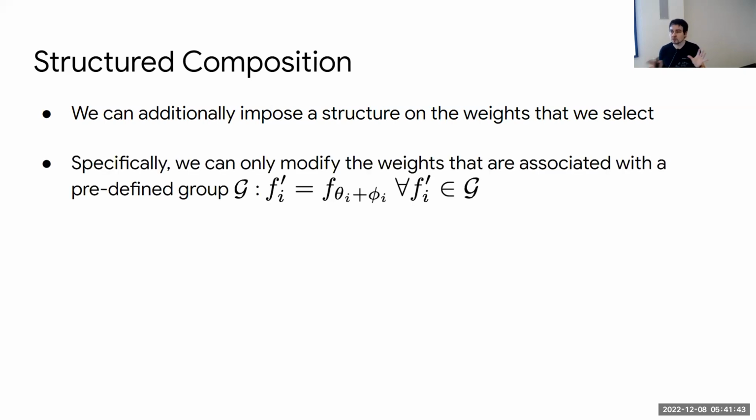Specifically, in an abstract sense, we can define a group G and say that we only learn modular parameters for functions in a certain predefined group G, whether that is parameters in a certain layer or in a certain set of parameters like your feed-forward attention weight matrix.